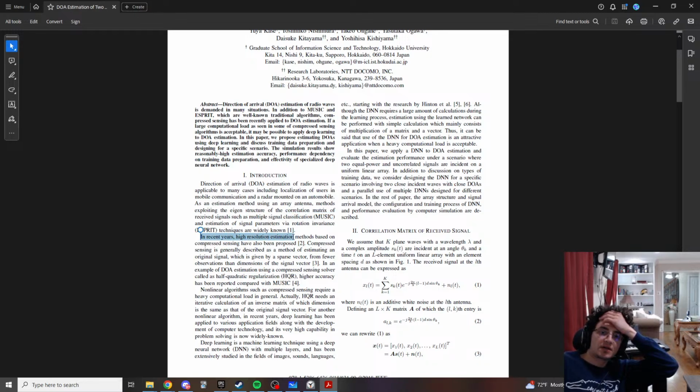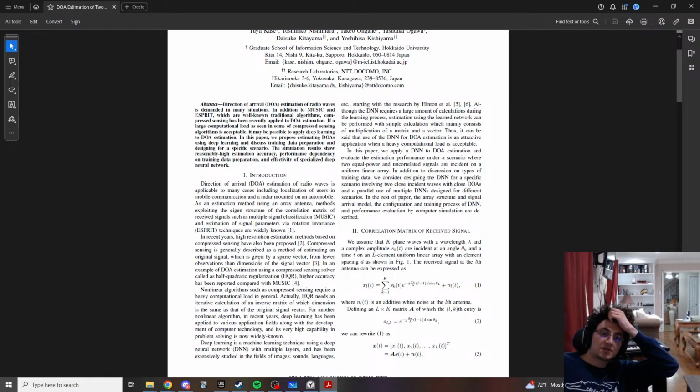In recent years, high resolution estimation methods based on compressed sensing have also been proposed. Compressed sensing is generally described as a method of estimating an original signal, which is given by a sparse vector, from fewer observations than dimensions of the signal vector.